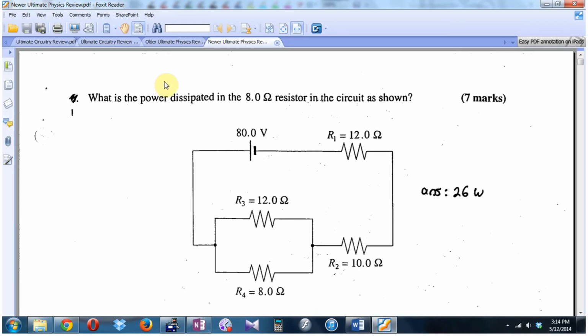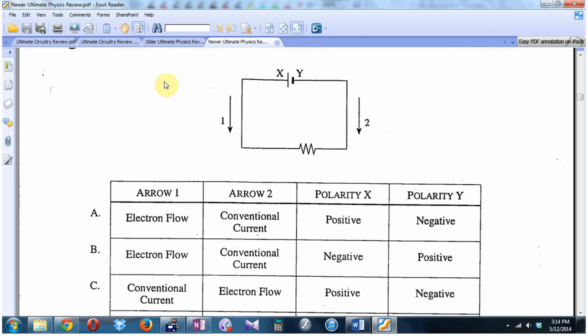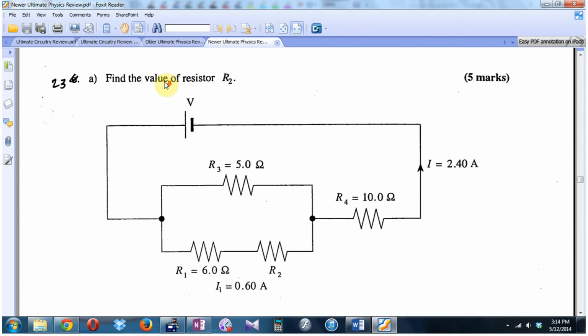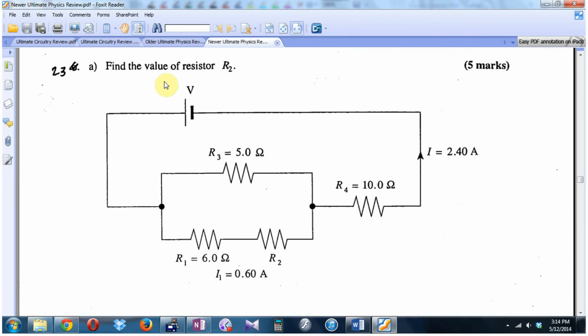Let's see, I've got some yucky ones here that I tried. Sure, let's try this one. From the newer one, this is number 23 apparently. This is my old one that I used to give out, and apparently I felt this one was worth doing. Here's a little twist. Find a resistor.